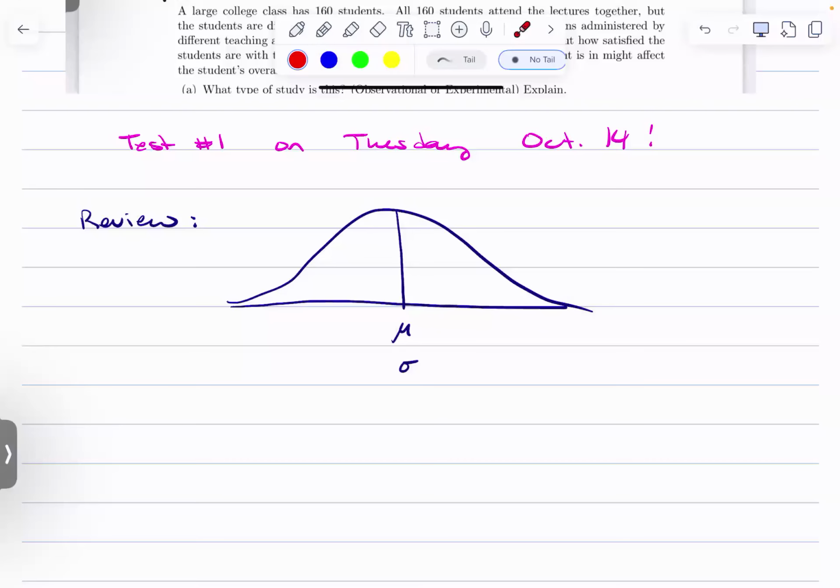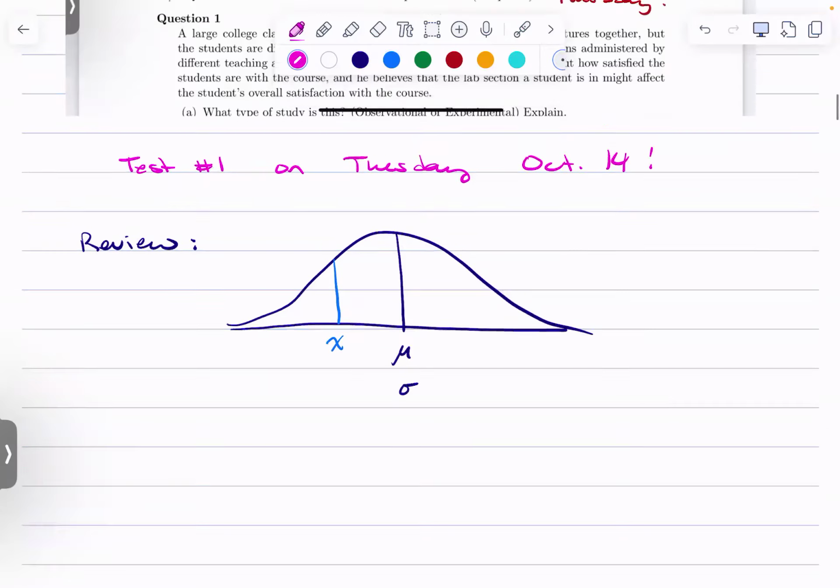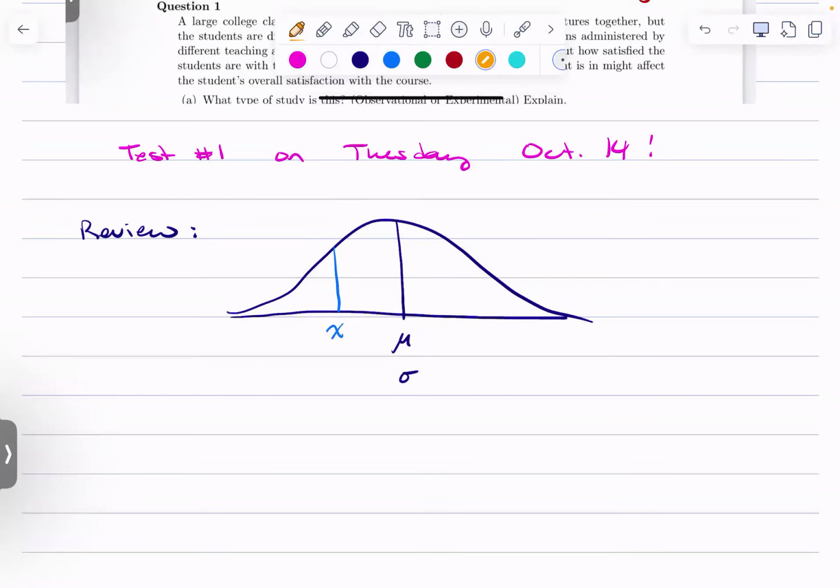And we can do things like if I have some value x here, right? I can find probabilities associated with this value of x, right? And so what does that hinge on? Well, it relies on the area or the probability is the area under the curve.